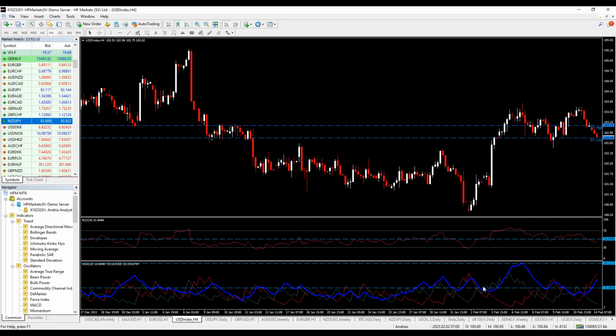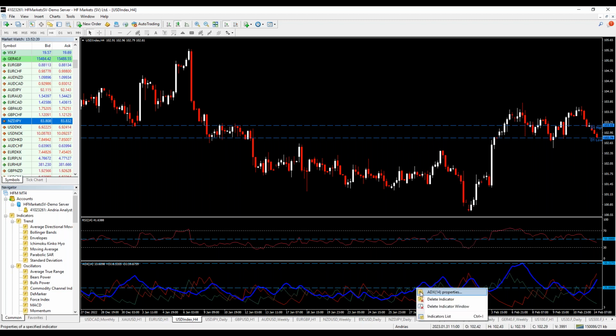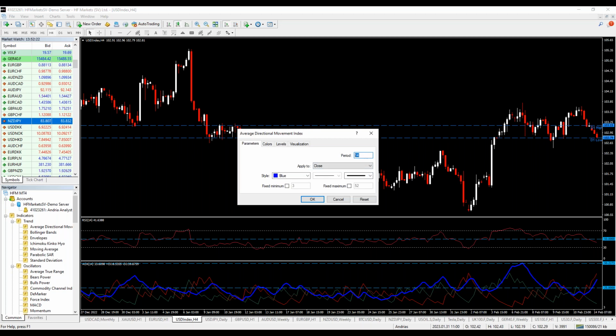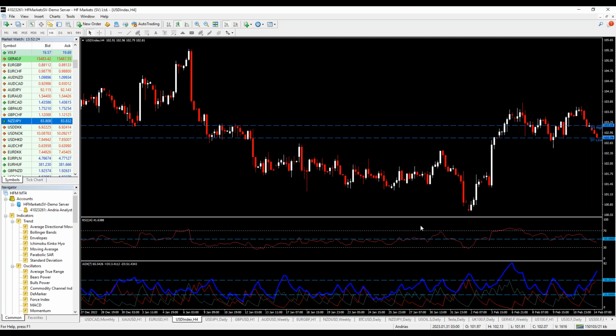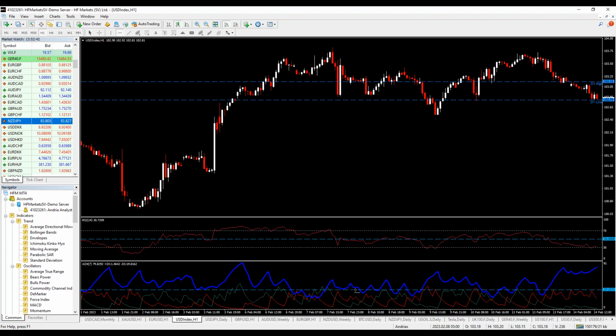Right-click on the ADX and play a bit: put it on 7, put it on 5, or you might need to increase it. It depends on your asset and the time frame. You need to play with it to see what appropriate signals it gives you for your assets.